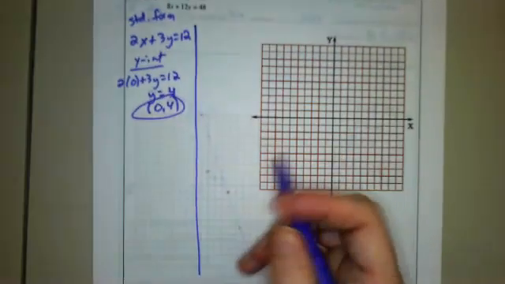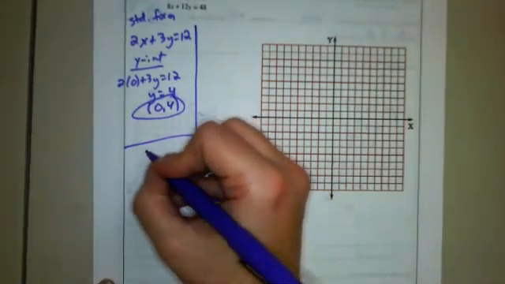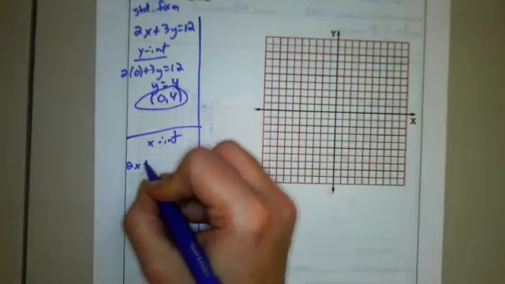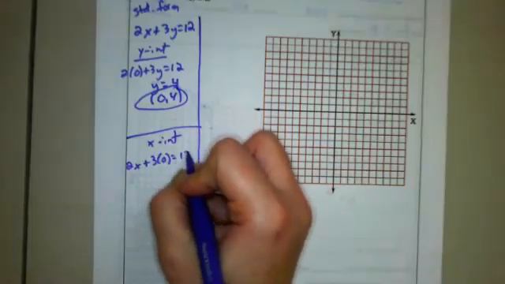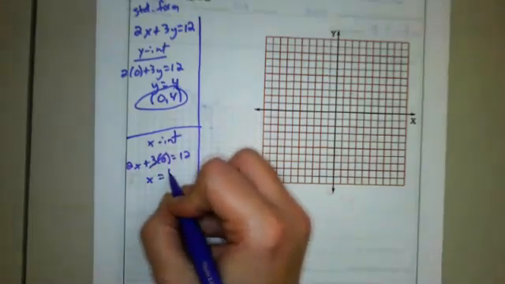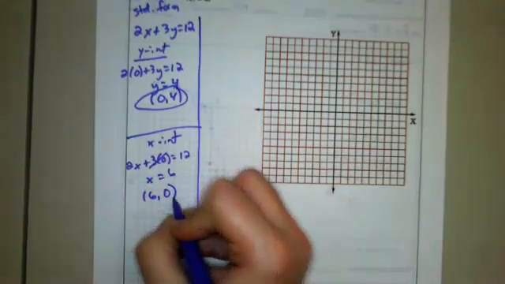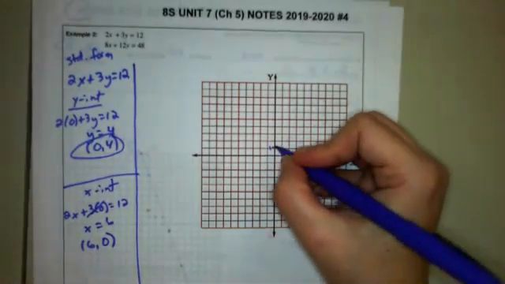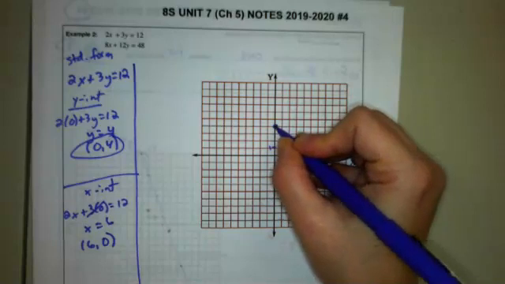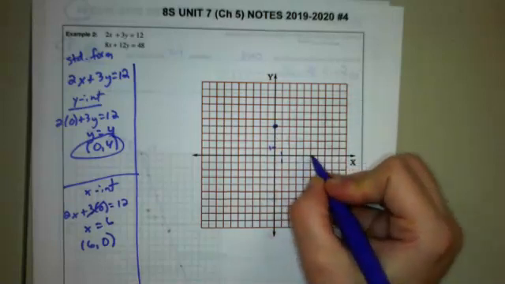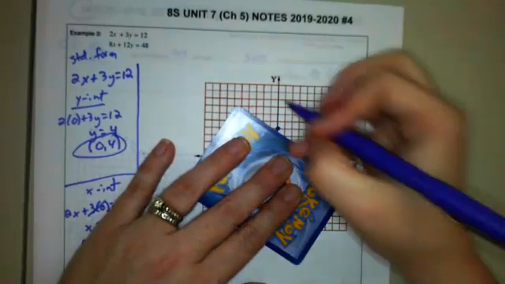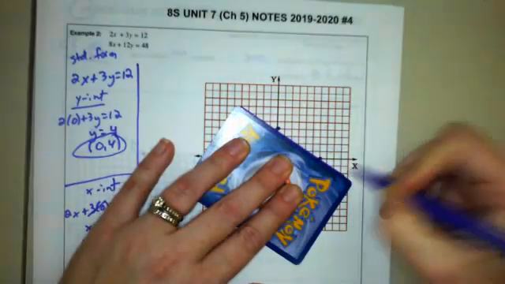Then I'll get my x-intercept. I put 0 in for y and I get x equals 6. So (6, 0). We can graph that: we have (0, 4) and (6, 0). I'm going to connect my line.